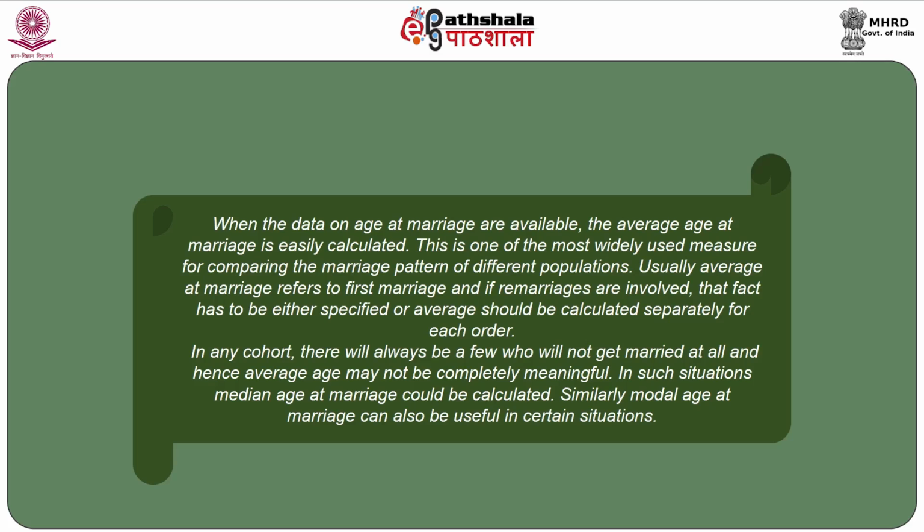In any cohort, there will always be a few who will not get married at all, and in view of this, average age may not be completely meaningful. In such situations, median age at marriage can be calculated. Similarly, modal age at marriage can also be useful in such scenarios.